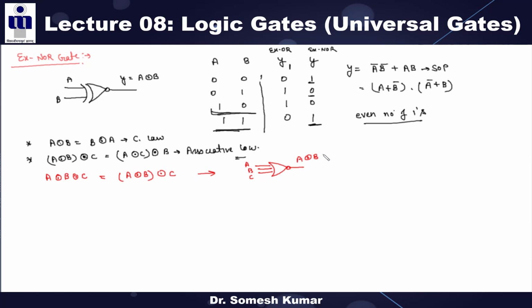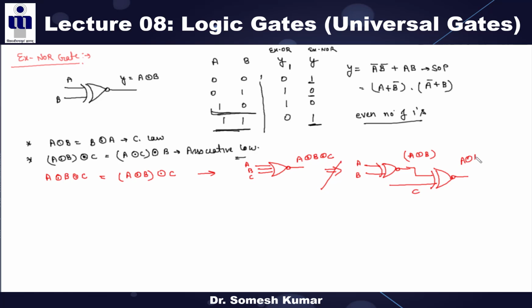Three input is not possible, so we are writing this basically. Here it is coming A B, which is A XNOR B, and if A XNOR B is given to another XNOR with C, then what is the output? You can verify this from the truth table. So this is not equal to this thing, right?